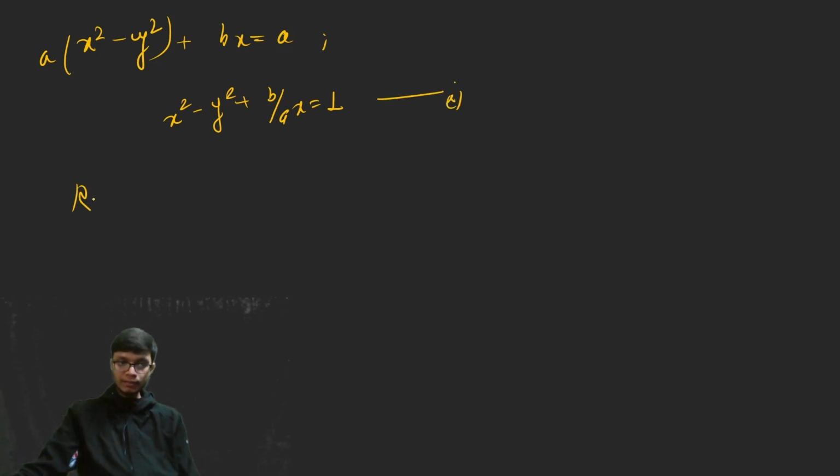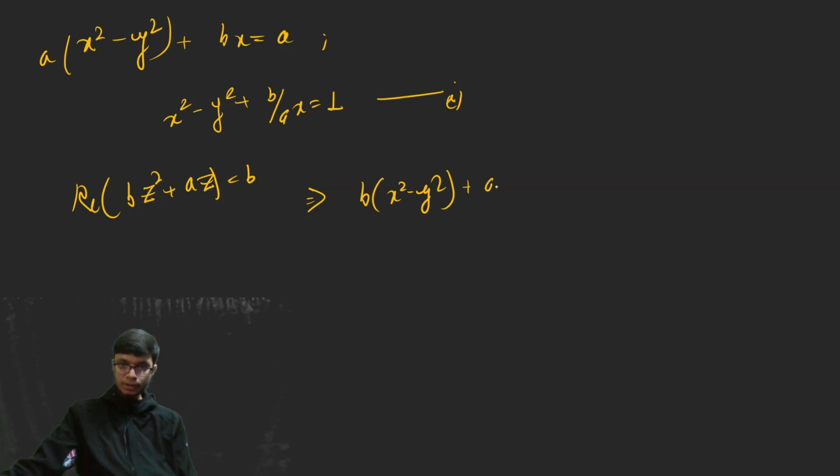Similarly, for the next equation, the real part of b times z square plus a times z is equal to b, we'll obtain fairly similar results. So you can definitely do that. There will be b times x square minus y square plus a times x, plus iota times 2bxy plus ay, equal to b.